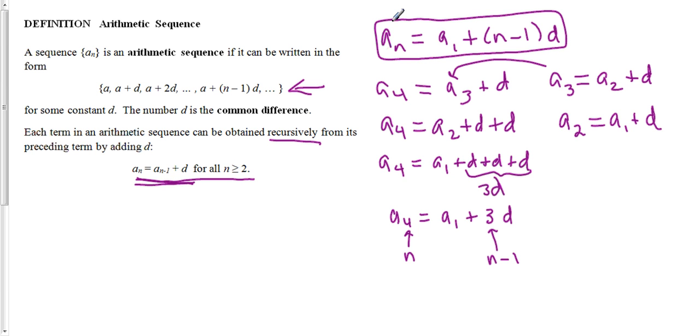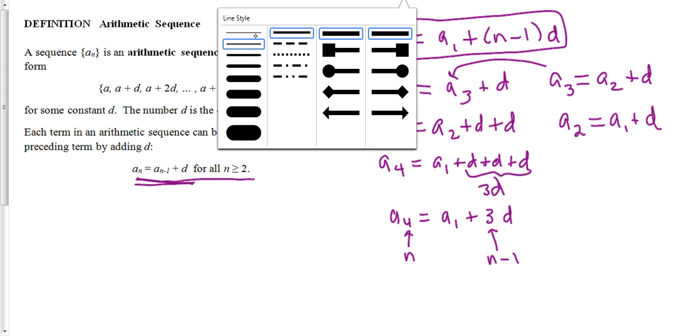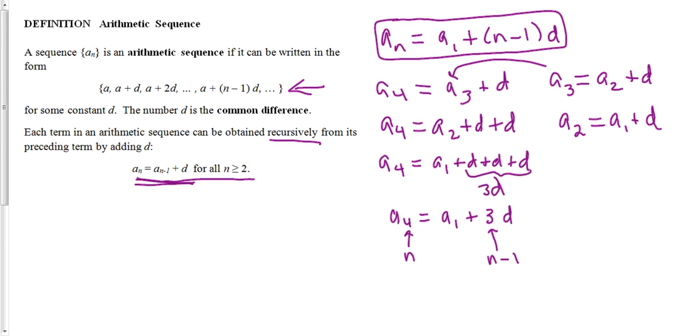So let's look at a couple of arithmetic sequences. I'm going to change ink color up here, but I also need to change the thickness of my pen. The first sequence that we're going to look at is pretty simple: 3, 7, 11, 15, 19. This sequence is going to be finite because it doesn't have the dots.